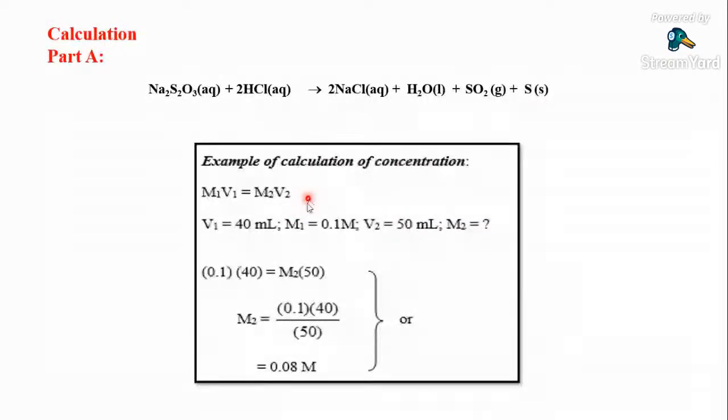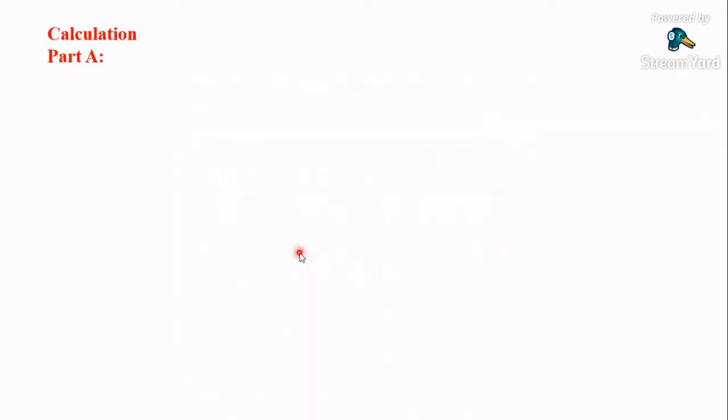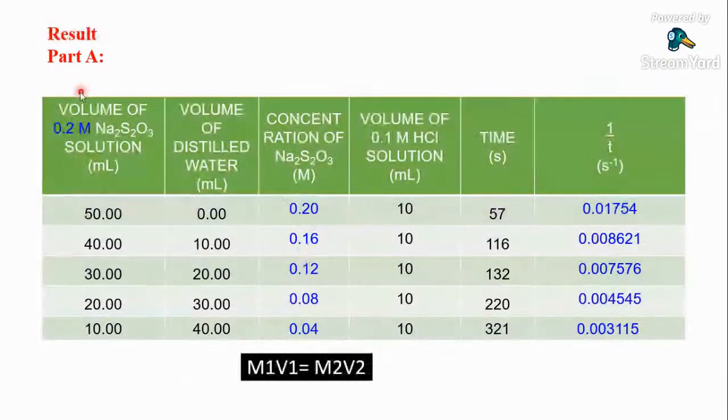Then you must identify which is V1, V2, M1, and M2. Here is the M1. The V1 is the first set 50, second set 40, third set 30, and then 20, 10. And the V2, after you sum up, is actually 50 for all of them.